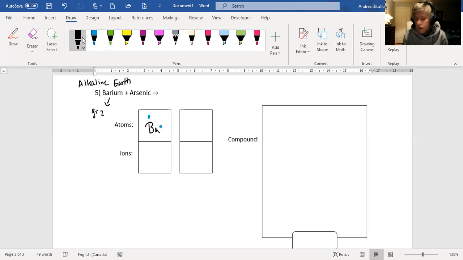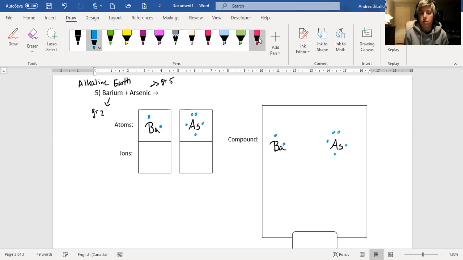Arsenic is in group 5, so that means arsenic will have 5 valence electrons. So we have barium and we have arsenic. Barium has 2 electrons it can give up. Arsenic has spots for 3 electrons.